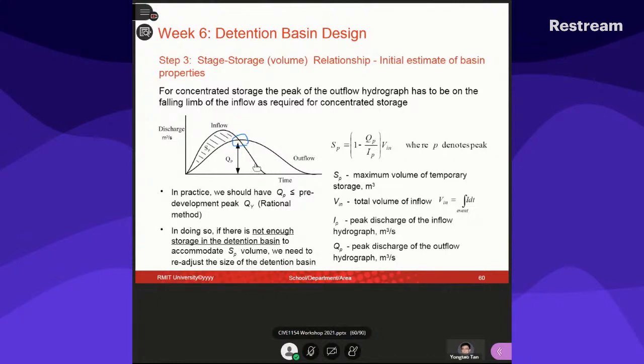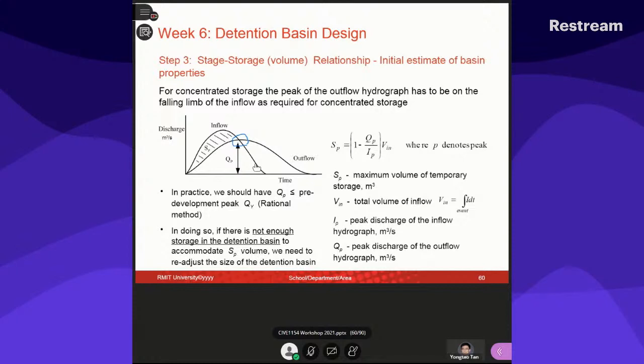Because the accumulation of the storage continues, these two curves will meet. After the intersection point, the outflow curve is above the inflow curve.